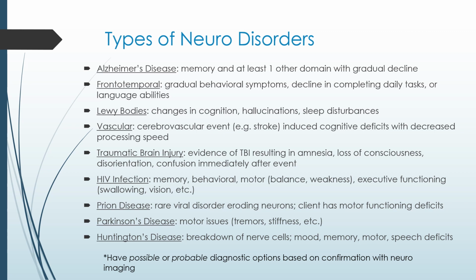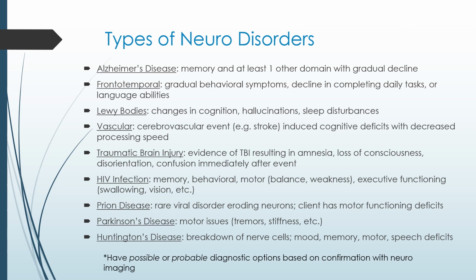To some degree, HIV can impact neurocognitive functioning. So here we're seeing issues with memory, issues with behavioral and emotional control, to some degree motor-related issues with balance or muscle weakness, and to some degree, sometimes in later stages, executive functioning issues having to do with loss of vision, loss of ability to chew and swallow properly, loss of ability to regulate sleep.